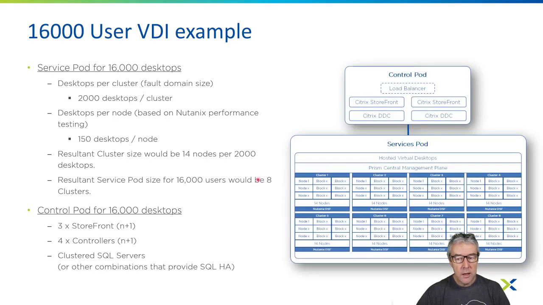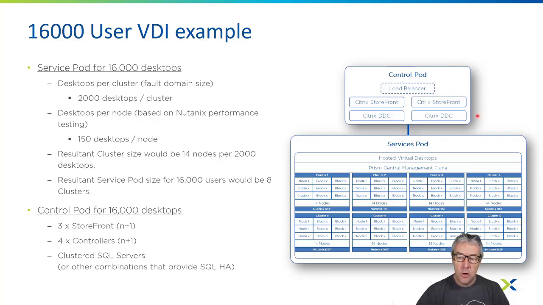Putting that all together results in this services pod at the bottom part of the screen. So your VDI infrastructure, where the actual virtual desktops themselves are running. And in this case, what we see is 8 clusters, cluster 1 through to cluster 8, and a very simple representation of the nodes in those clusters.